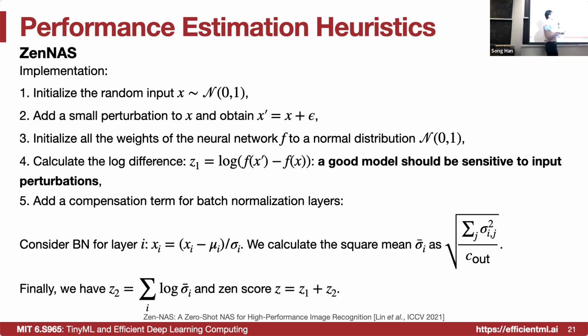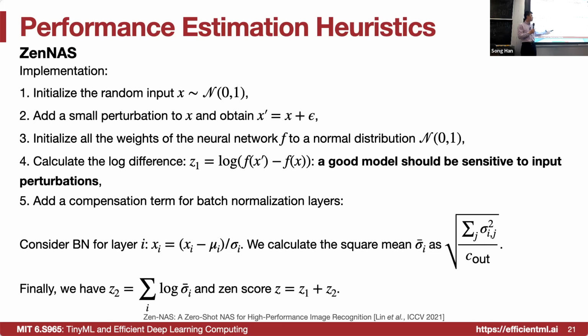We look at the standard deviation, calculate the mean of that standard deviation, and hope that across different channels with different inputs, different channels can learn different stuff. And among different inputs, we hope the standard deviation to be larger. So that's the second term we put in the final heuristic.